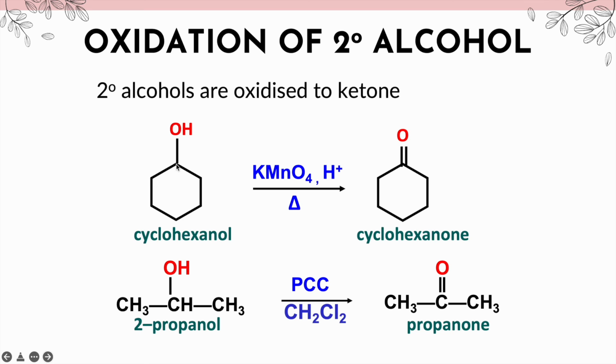Secondary carbon is in the middle. For carboxylic acid, you need a carbon at the end. So that's why you cannot form carboxylic acid if you use a strong oxidizing agent. Strong or mild oxidizing agent, both will form ketone as the product.